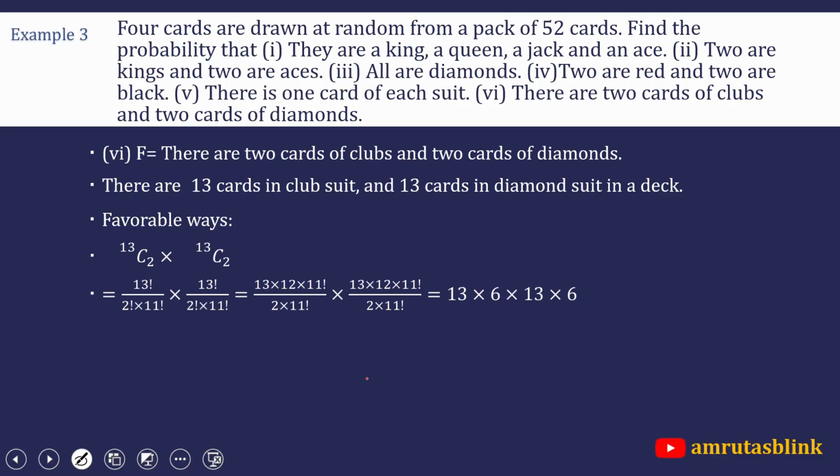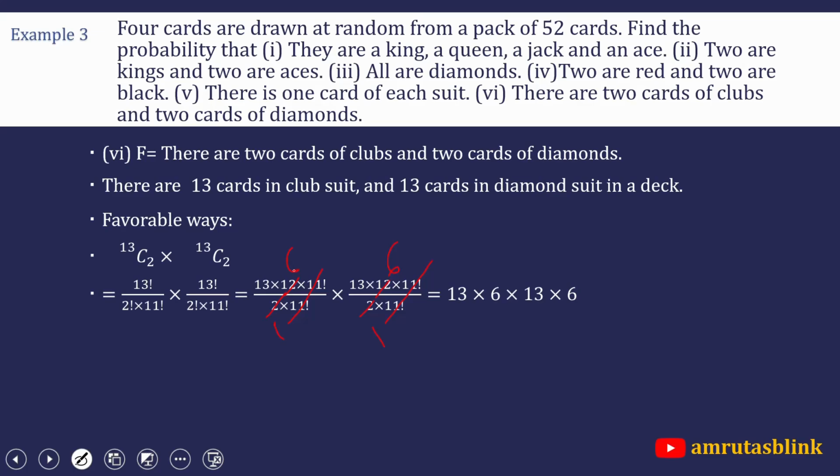11 factorial, which is equal to 13 into 12 into 11 factorial upon 2 into 11 factorial into 13 into 12 into 11 factorial upon 2 into 11 factorial. So this 11 factorial will get cancelled. This 2 ones are 2 and 2 sixes are 12. Here also 2 ones are 2 and 2 sixes are 12.